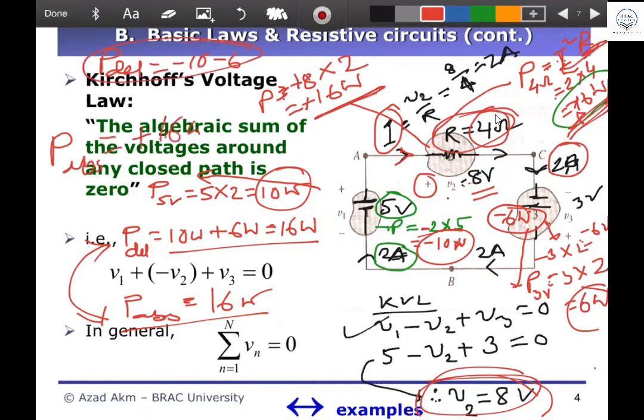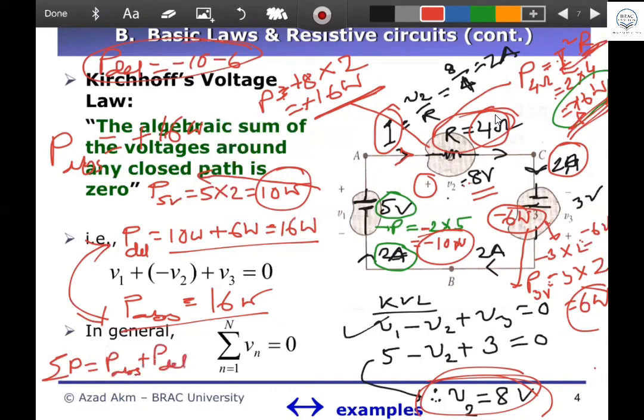So like that, if there is any other positive, add them all together. All the negative power you add together, all the positive power you add together. Then the positive power and negative power summed together will be 0. That's what we can say: the summation of P means P absorbed plus P delivered.